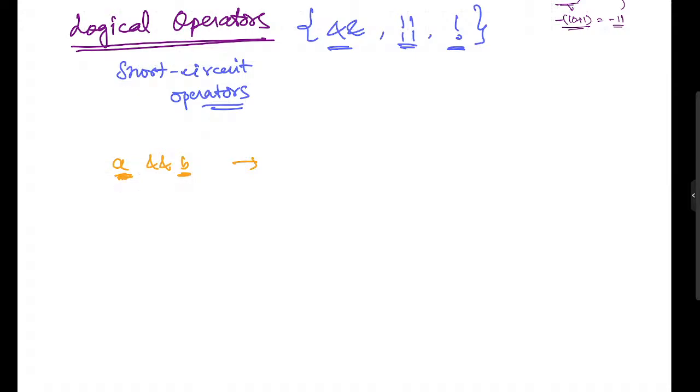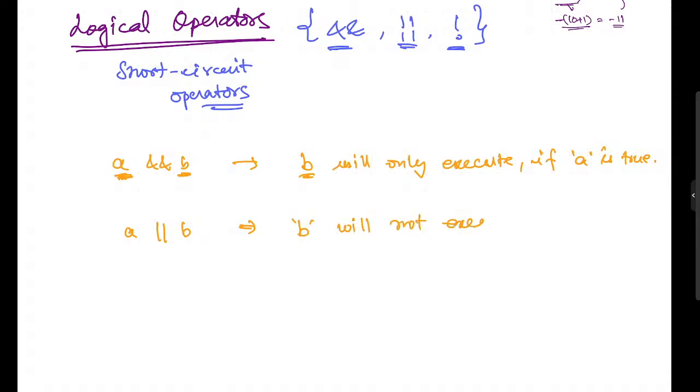If I have a and b, then what Java says is b will only execute if a is true. In the same way, if I have a or b, here b will not execute if a is true.